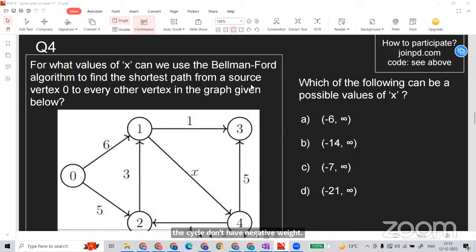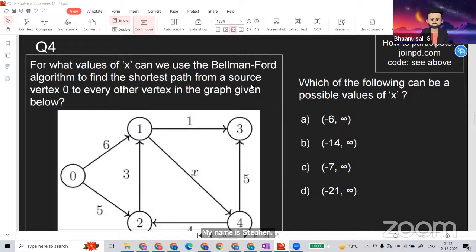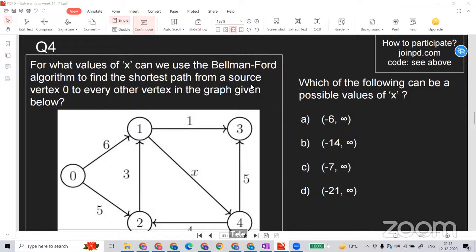What are the possible values it could have? -7. Suppose -7, if you give -7, then what is going to be the weight? 0. So does any one of the intervals contain -7?